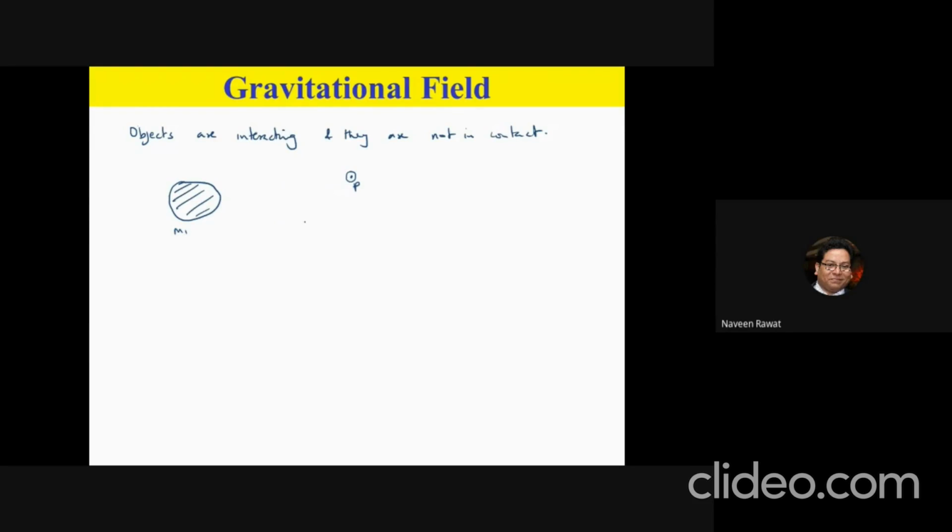Here, what we do in physics is we try to introduce the idea of a test particle. Okay, and what we say is, if I keep a test particle of some mass m here at this position p, what will be the result of that interaction with a mass m1 that is already existing here?